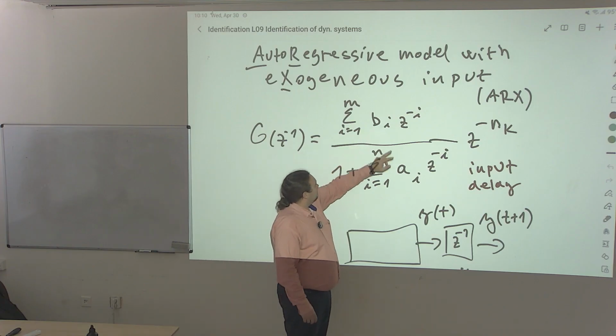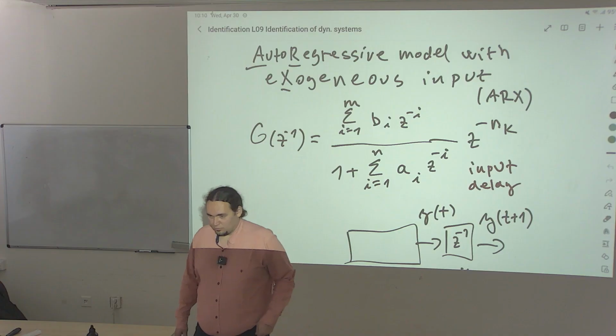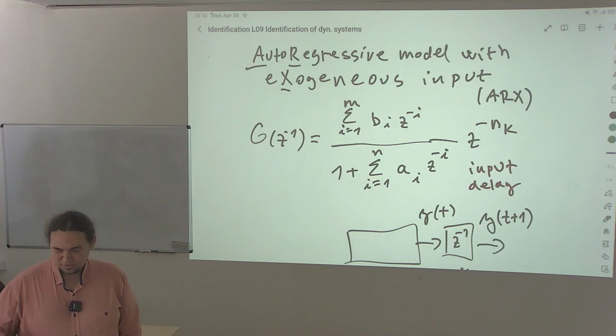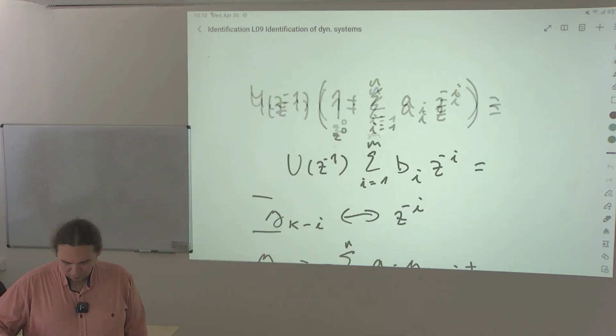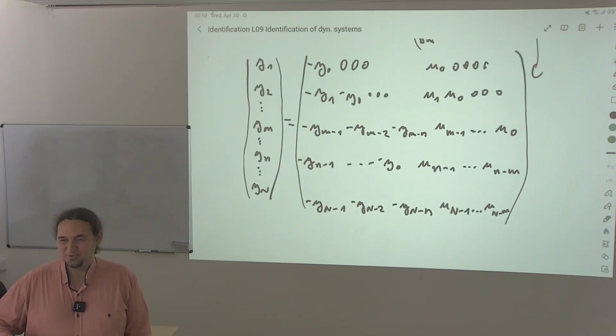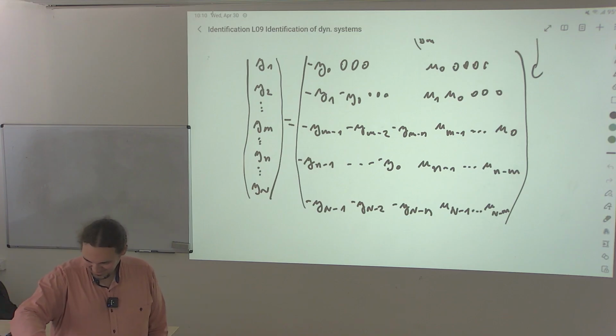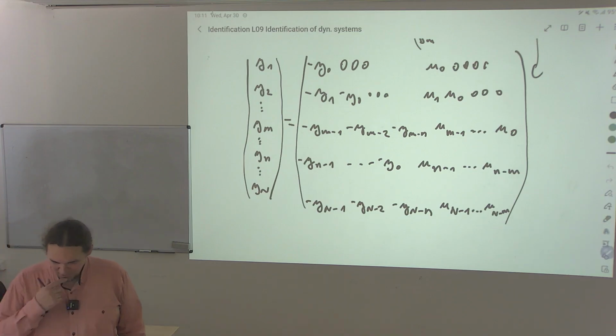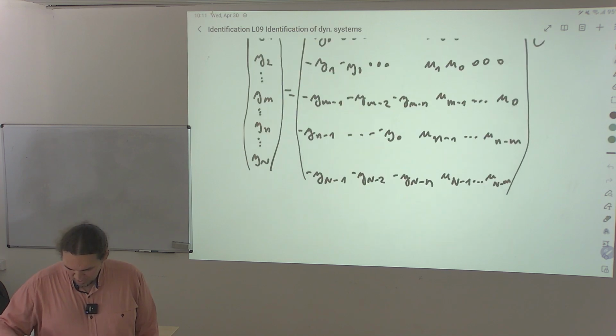And what we were talking about is how to fit these coefficients if we are given some data. So I guess you went through all the nice matrices that we discussed at the lecture, also during your exercises.